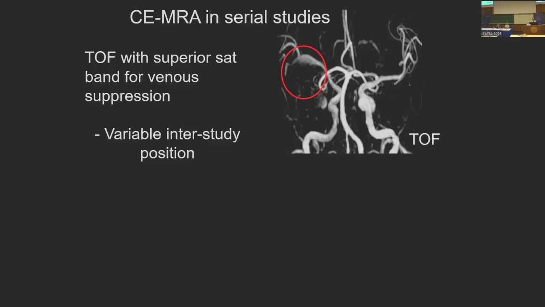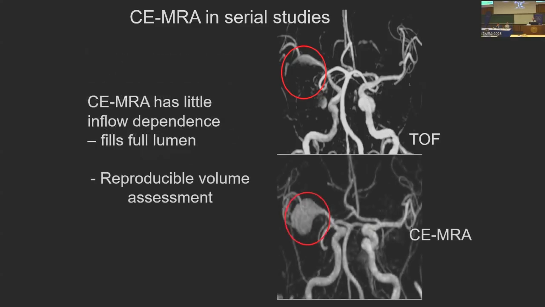In fact, this acquisition, as all arterial acquisitions, was acquired with a superior saturation band. At the point where this one slab was acquired, superior saturation was actually saturating arterial flow returning into the aneurysmal sac. On the contrast enhanced MRA, we have no such limitation.